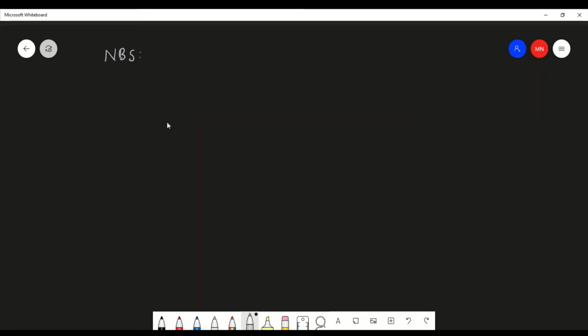As I said earlier, NBS is widely used as a brominating agent. Now it is also used as an oxidizing agent in some cases. So it oxidizes secondary alcohols into ketones. So that is another purpose of NBS.